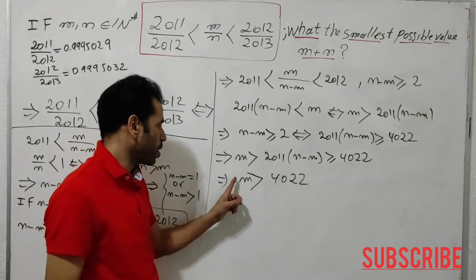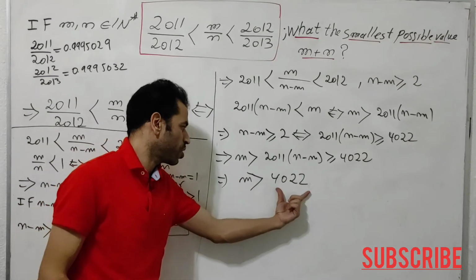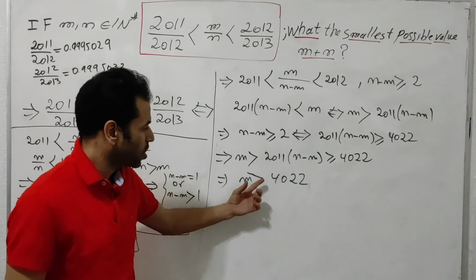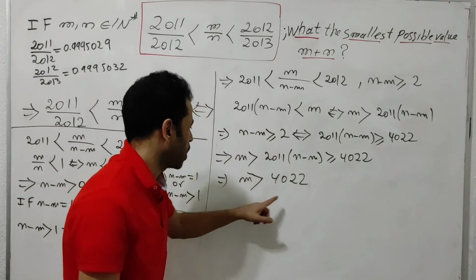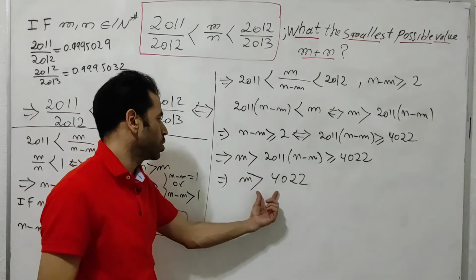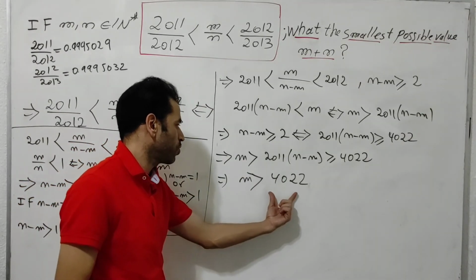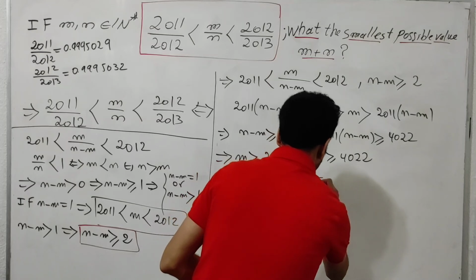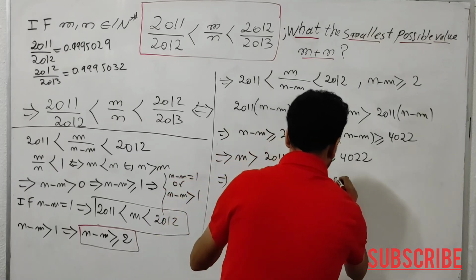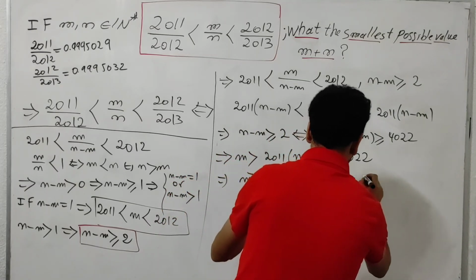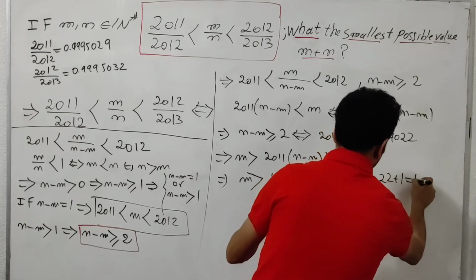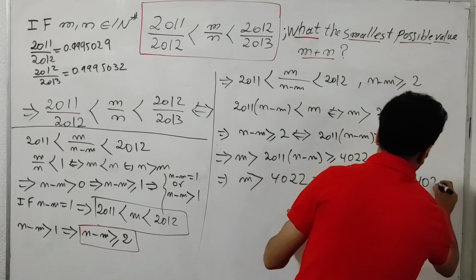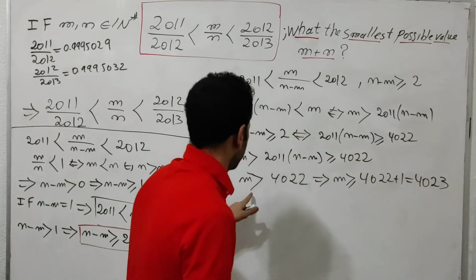In order to have m as a member of these numbers, and this condition hold this inequality, we must add number 1 here, and this m will be included as a minimum value of this one. So this implies m superior or equal to 4022 plus 1, which is 4023. Okay, this is for m.